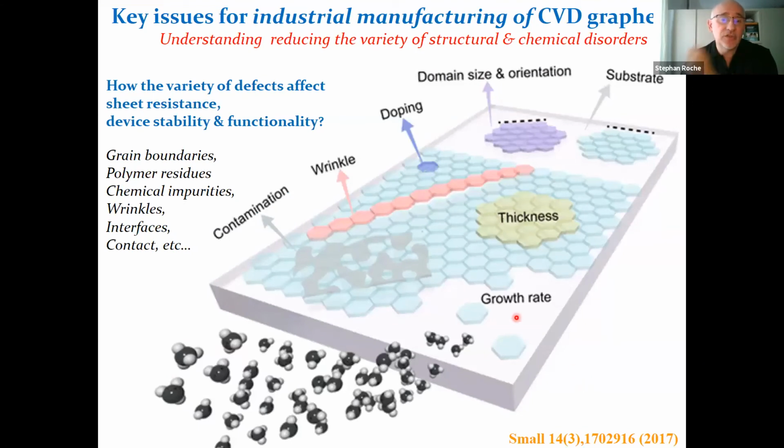So there are a lot of issues, because you have to grow these materials at high temperature, usually on a metallic substrate, then you have to transfer this material to an insulating substrate. So there are quite a number of defects that are present and need to be accounted for, and the damaging impact of different types of defects is important to quantify.